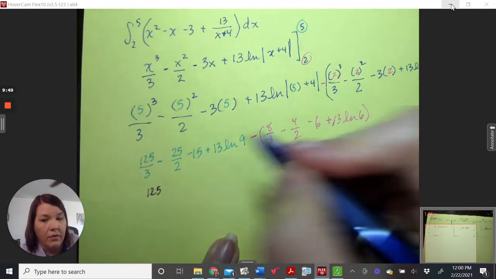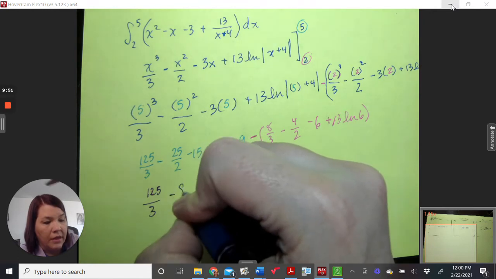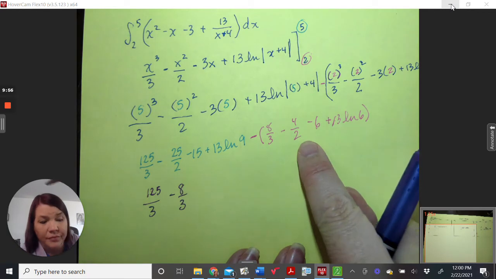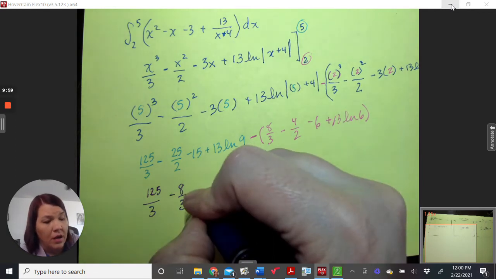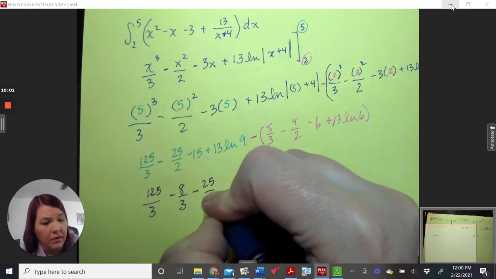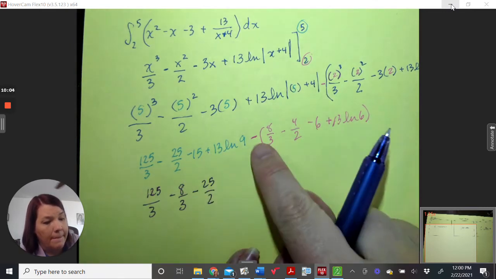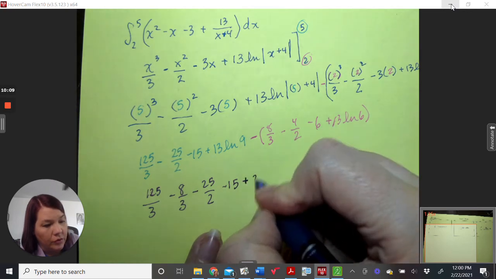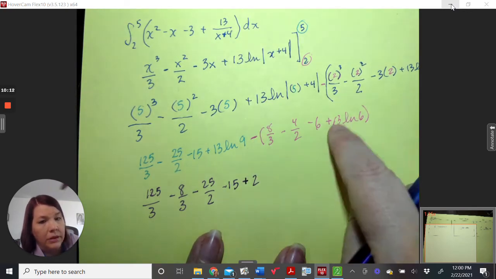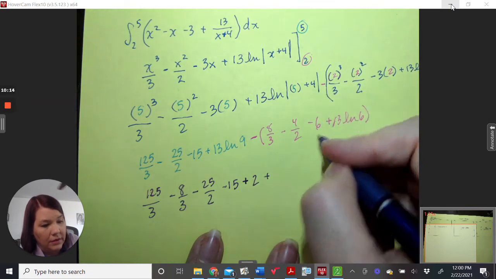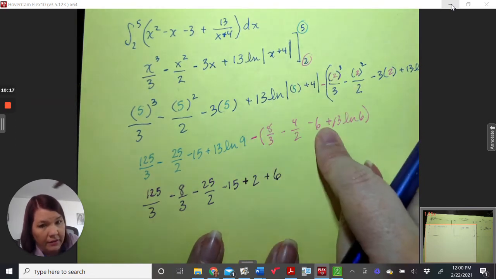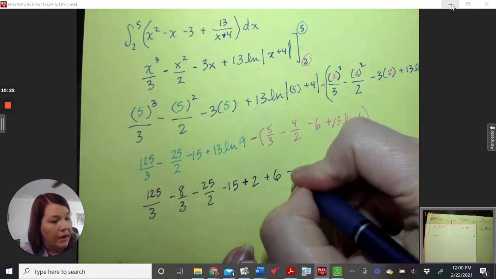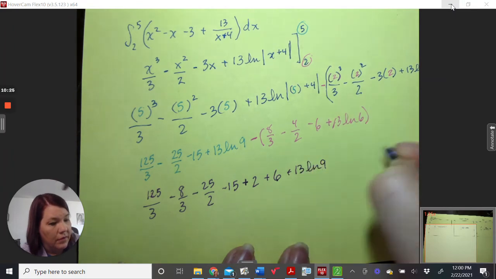So I'll leave the 25 halves. And then I've got negative 15. I'm just going to write this negative 15 plus 2, because minus a negative, plus 6 minus a negative. Then I've got my 13 ln 9 plus 13 ln 6, and so on, 125 minus 8.